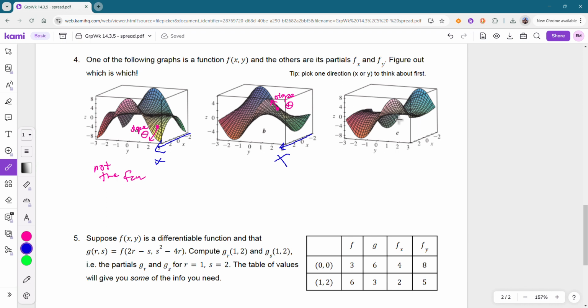But let's see, how could we check to see what's going on? If this were the function, then this partial would be with respect to x.